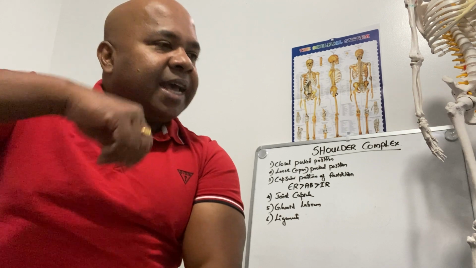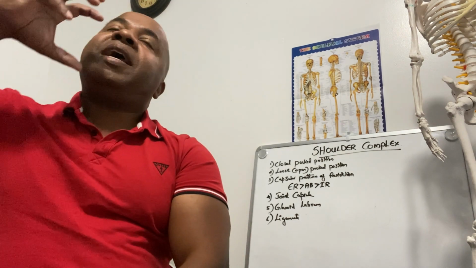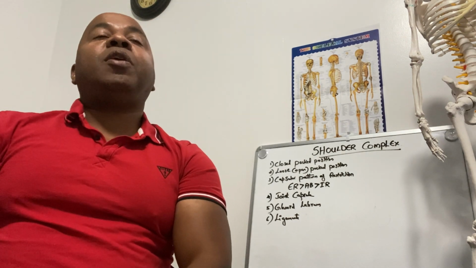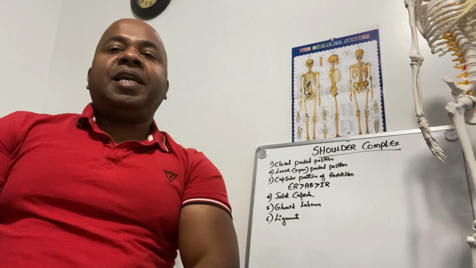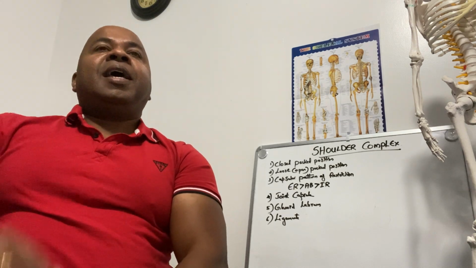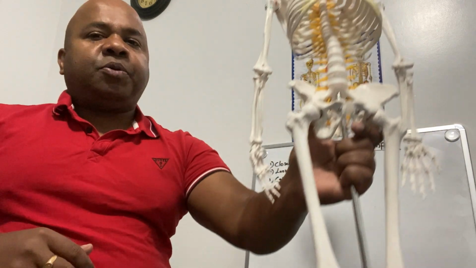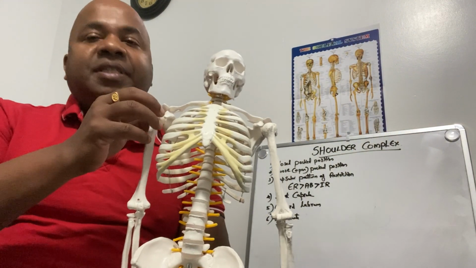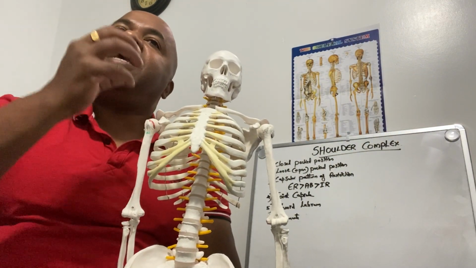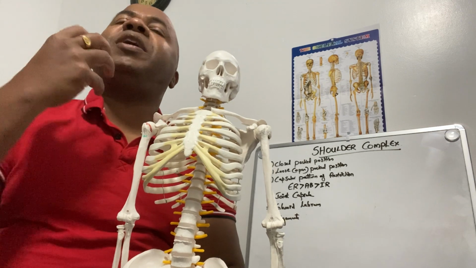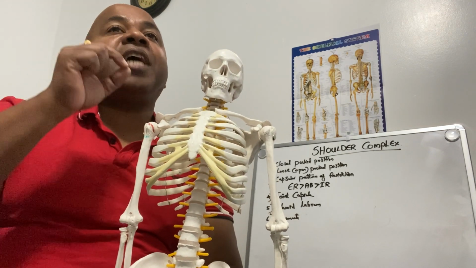Okay, next let us see about the labrum, the glenoid labrum. What do you mean by the glenoid labrum? Compared to the head of the humerus, the glenoid cavity is small, not deep, in other words it is shallow.